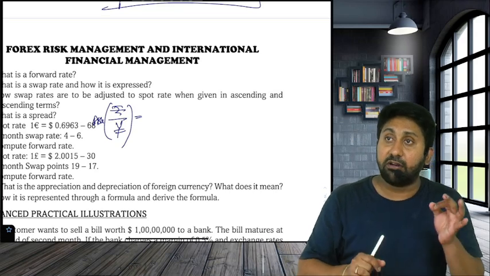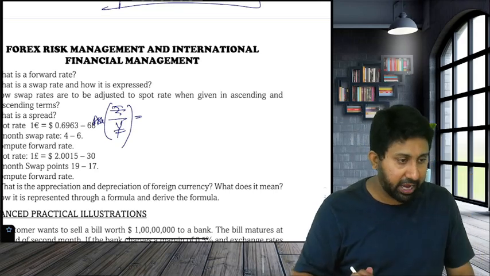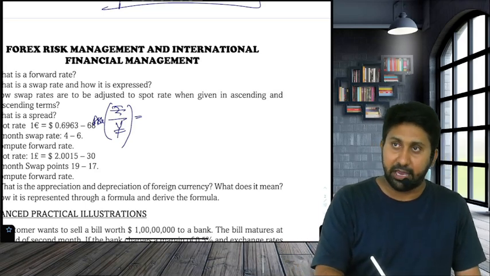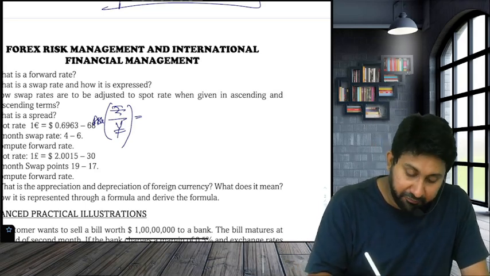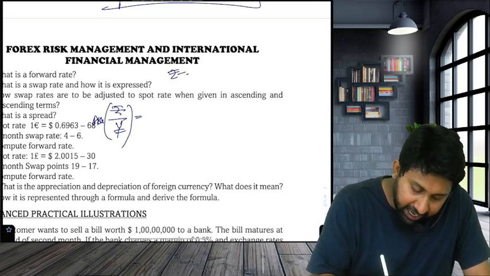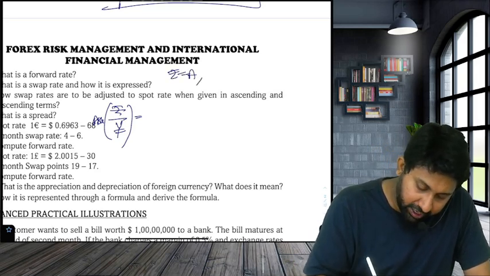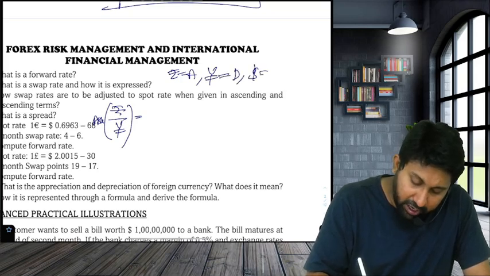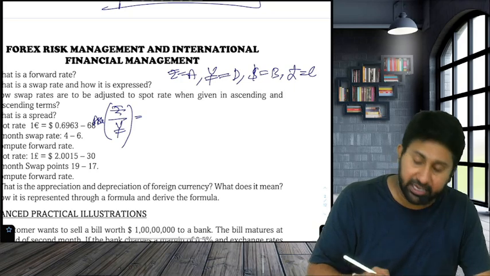Therefore the required quotation will be ask of rupee by yen. Now ask of rupee by yen, if I take rupee as A, yen as D, dollar as B and pound as C, what will happen?